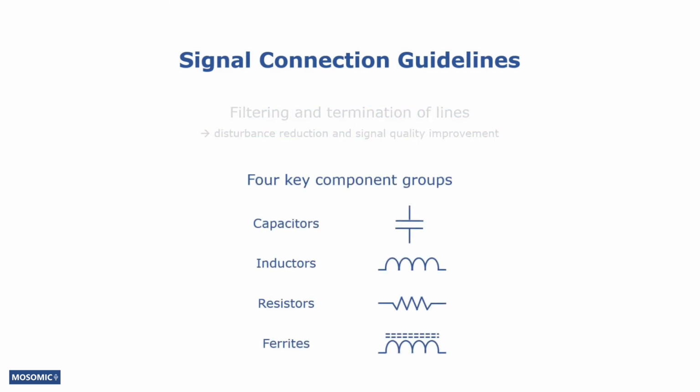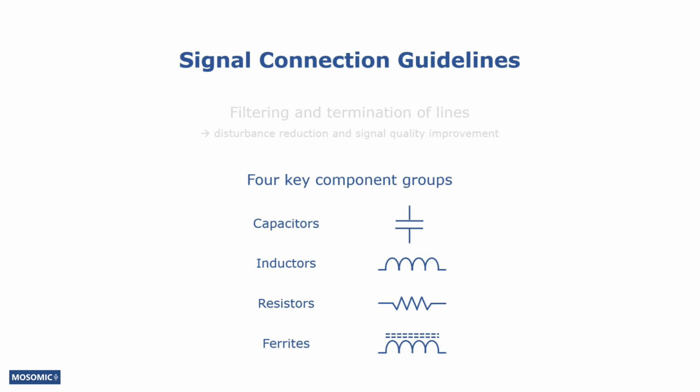The four key component groups used for disturbance reduction and signal quality improvement are capacitors, inductors, resistors, and ferrites. These components help keep signal lines clean of disturbances and to make sure that the properties of the signal line are compatible with the properties of the signals and components on those lines.